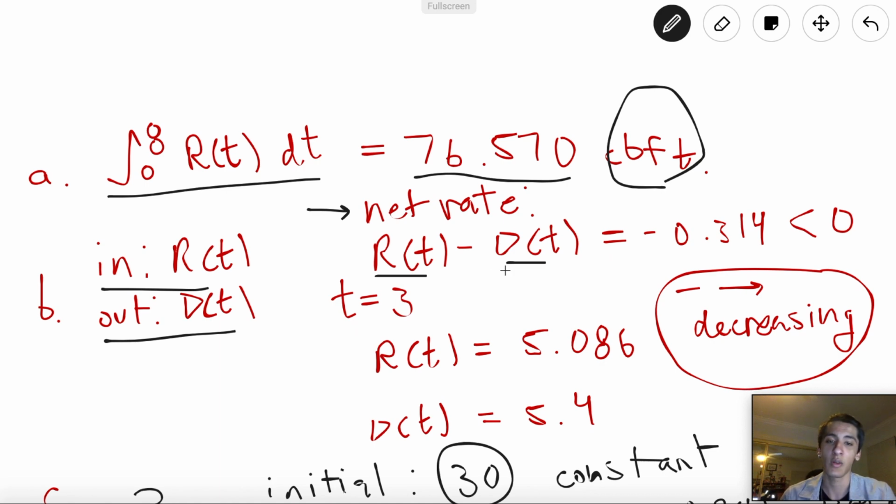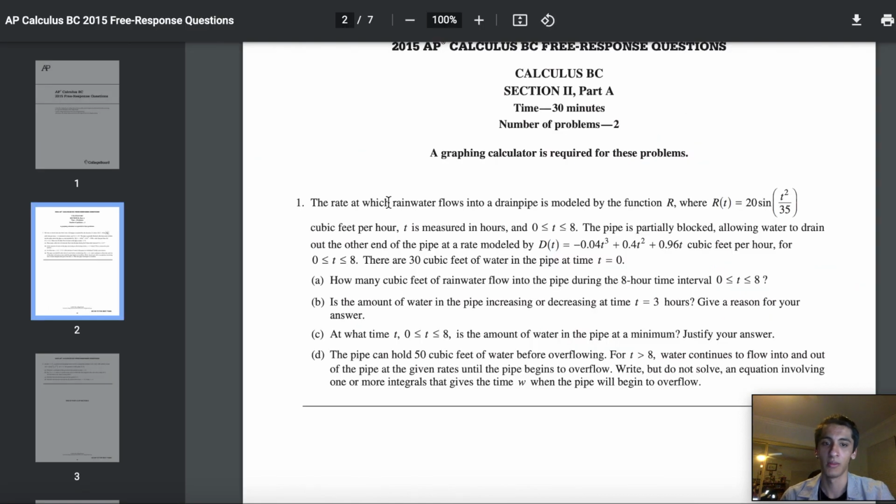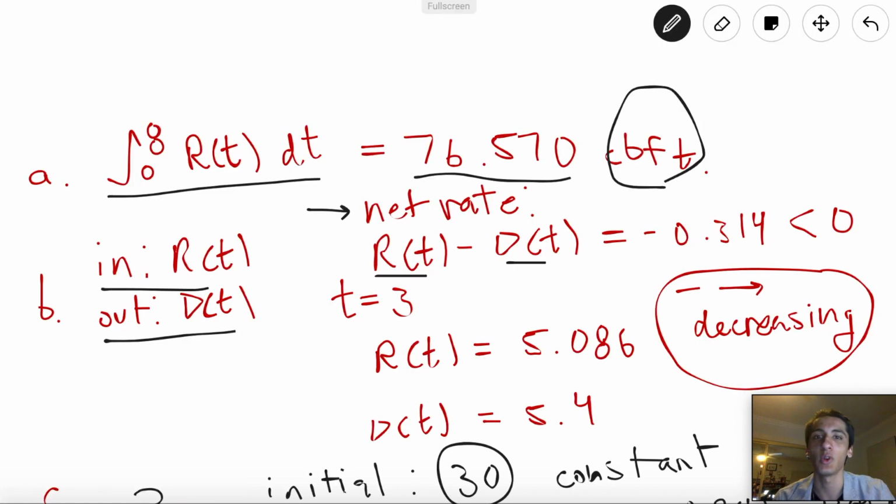You get a nice equation here with r of t minus d of t, and all you have to do is plug in at t equals 3, since the question is asking at time equals 3 hours. Ultimately, you could do this a few different ways. You could just tell right away what it equals by using your calculator.